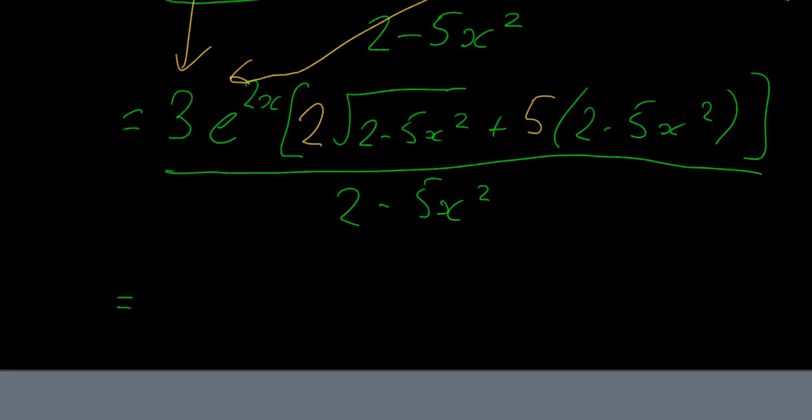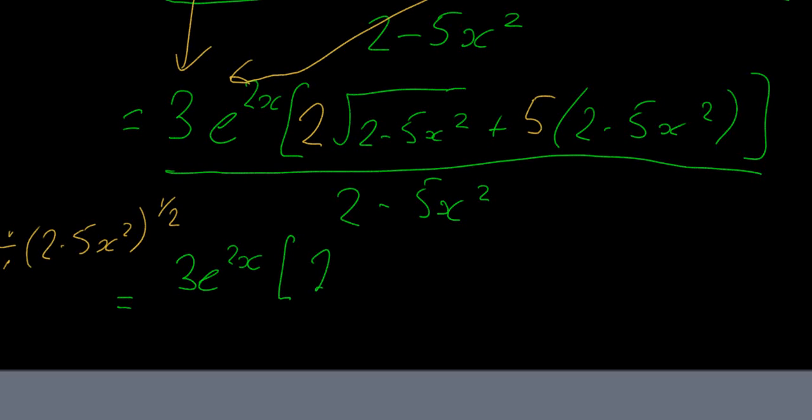So you can divide the top and bottom by the square root of 2 minus 5x squared, or in other words, divide by 2 minus 5x squared to the power of half. And when you do this, the top will just be left with 2.